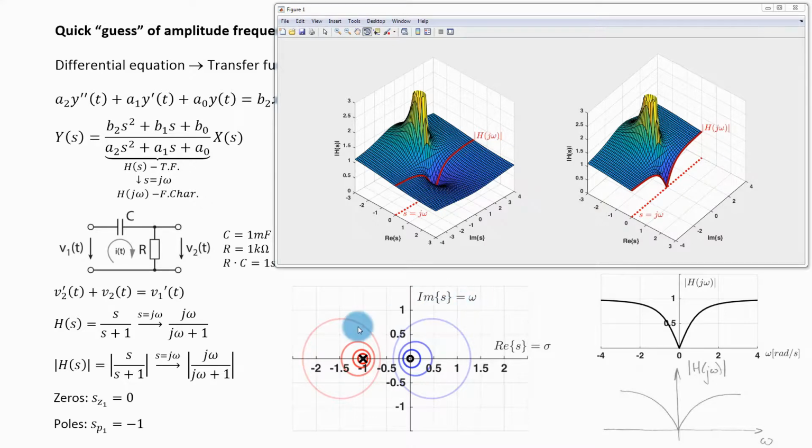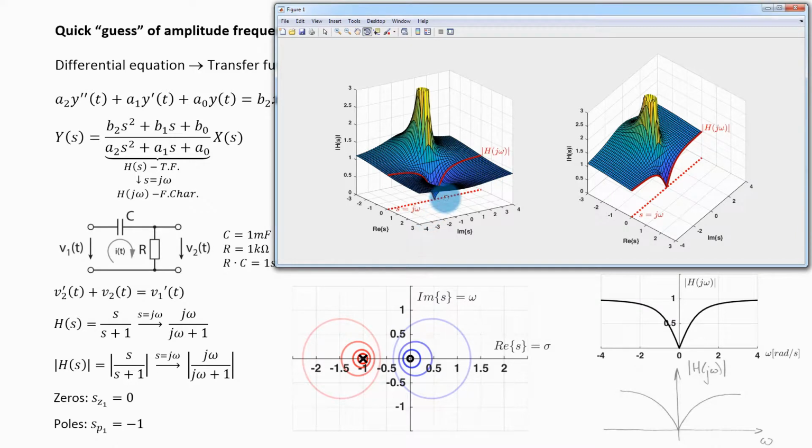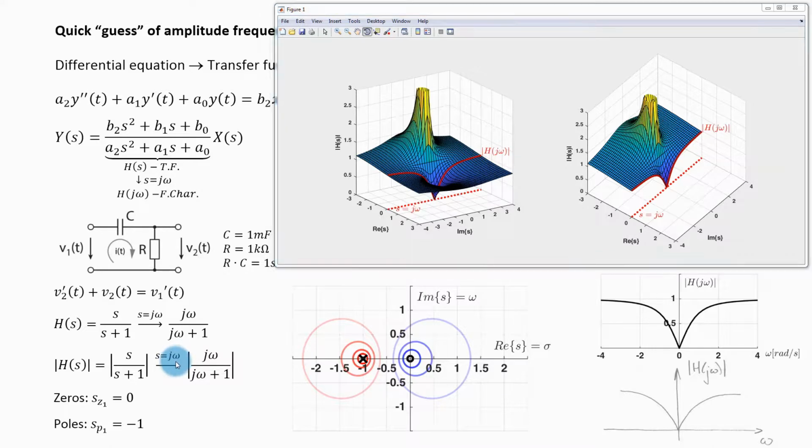So for example, if my angular frequency omega is 1, my s will be 1j, which is this point in the complex plane. And when my angular frequency is running from minus infinity to plus infinity, it goes through the s-plane like this.